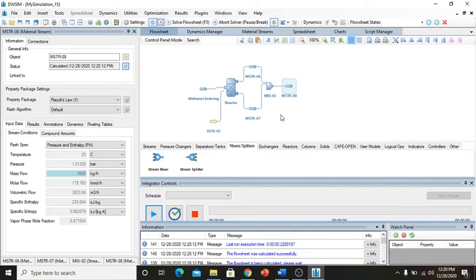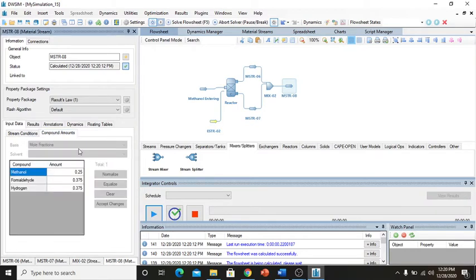Okay, so now here, this stream contains 0.25 methanol and 0.375 formaldehyde and hydrogen. So we need to separate this methanol from the formaldehyde and hydrogen, since the methanol recovered should be recycled to the reactor.